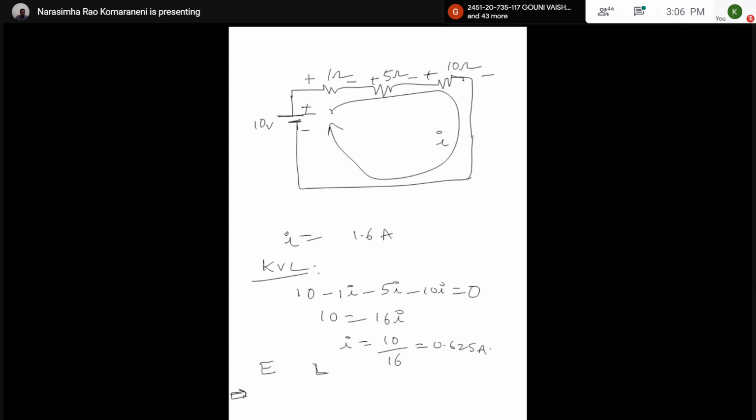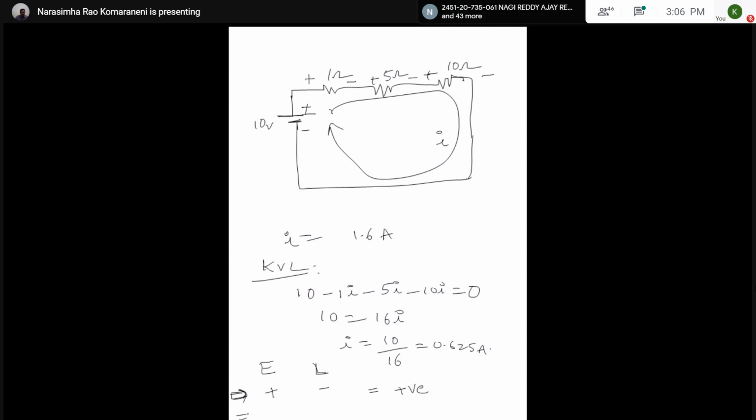See, this arrow is the conventional current direction. If the conventional current is entering at the positive terminal of any network element and leaving at the negative terminal, we have to consider that as positive.